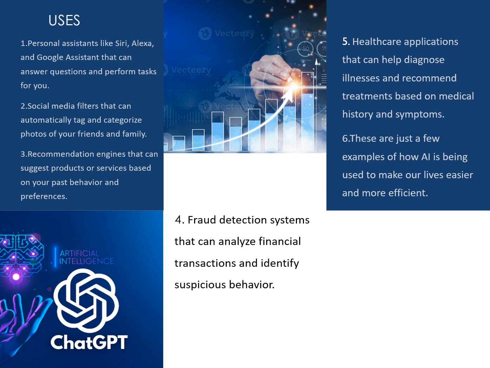Also, fraud detection systems that can analyze financial transactions and identify suspicious behavior. Healthcare applications that can help diagnose illnesses and recommend treatments based on medical history and symptoms. These are just a few examples of how AI is used to make our lives easier and more efficient.